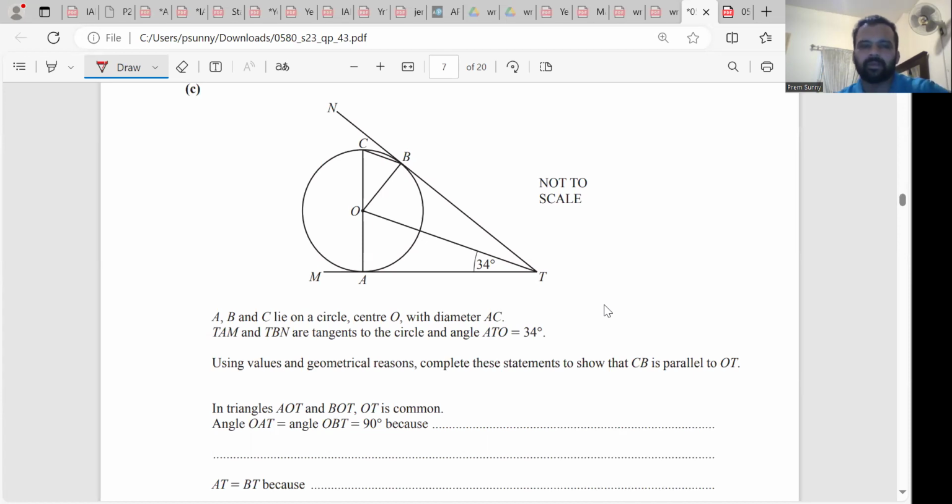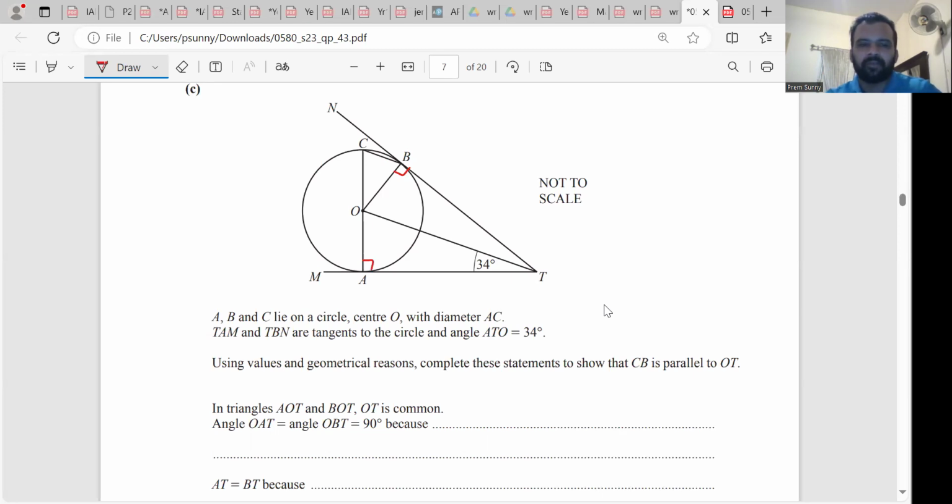So the triangles that we are considering are AOT, this particular triangle, and BOT, this triangle. Angle OAT is equal to angle OBT is equal to 90. What is the reason? Angle OAT and angle OBT, this angle over here and this angle here.